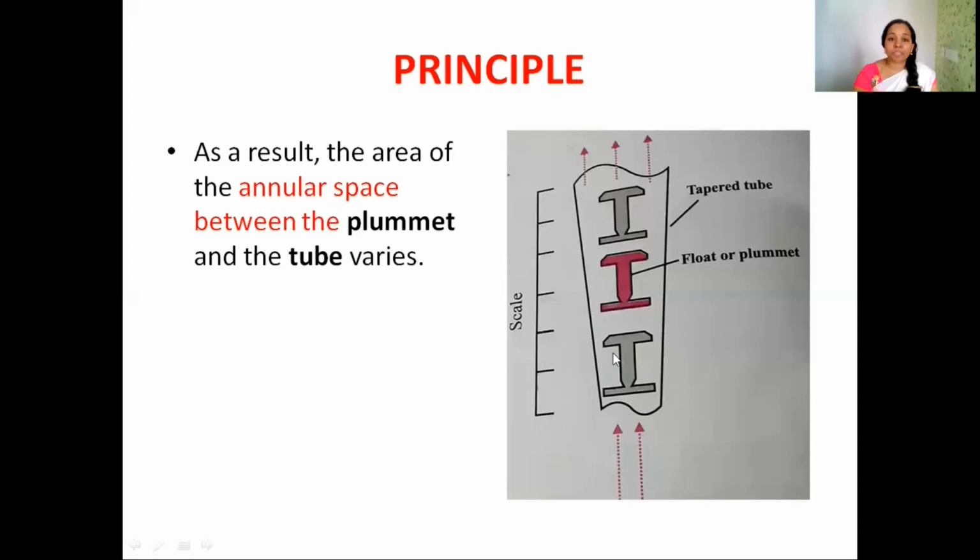Here the annular space between the plummet and tube is low as compared to when the plummet is fixed in this position. Here the annular space between the plummet and the tube is large as compared to this region. So the area of the annular space between the plummet and the tube may vary, and that also depends upon the area of the tube.